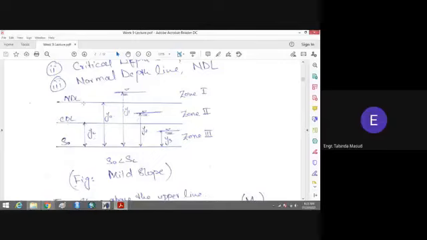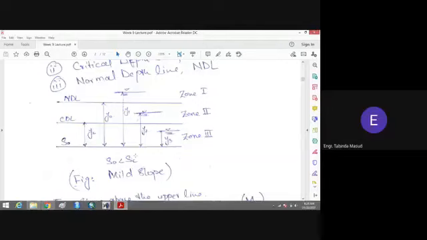Well, this is a figure for mild slope, and it is written here that S0 is less than SC. This is also what we have already discussed in one of our previous classes, that what is the critical slope? SC is the critical slope.